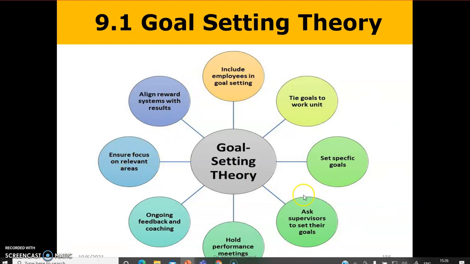Suppose this is the goal area mind map: you focus on these first two, then this. But if you create a colorful picture, then only you will remember what is up and what is down. You can make the sequence clockwise or anti-clockwise, and then align the reward systems with results. I told you reward is also a very important step in goal setting, and this reward has to come at certain stages, not only after completing the result.